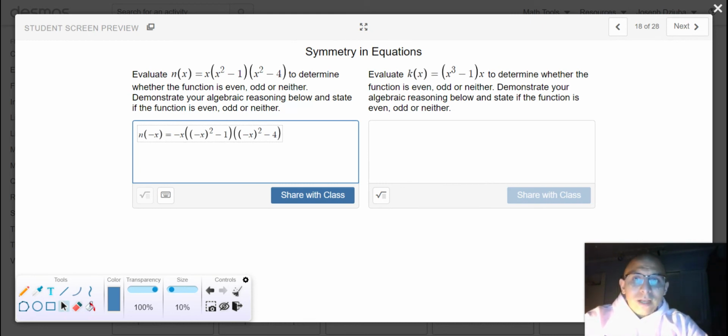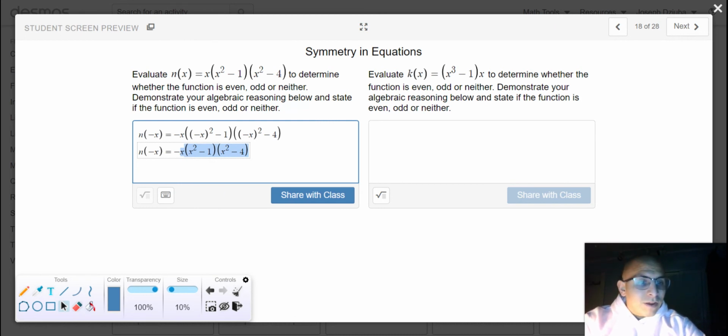So, as we can see here, all of these squared terms will yield a positive. So let's copy and paste that. We are going to have a function that looks strikingly similar, except for one distinct feature. Here's our original function, x times x squared minus 1 times x squared minus 4.